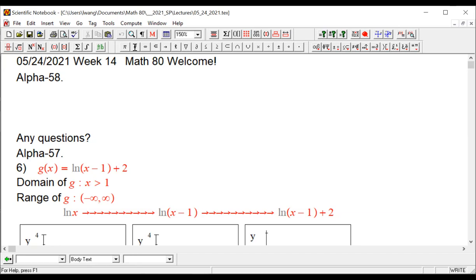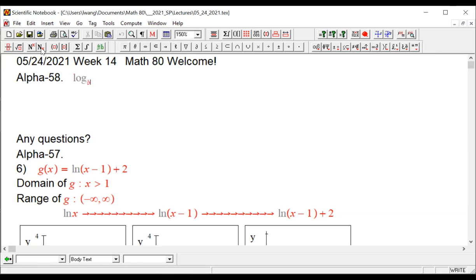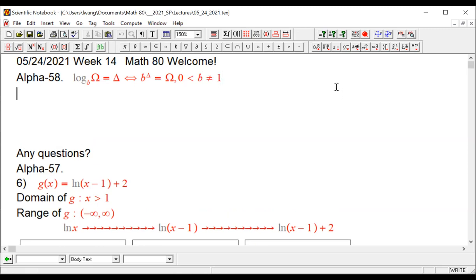We understand the definition goes like this: if we have log base b of omega equals triangle, if and only if the base raised to the power of triangle is equal to omega. And of course, we require that b is larger than 0 and not equal to 1. So this is the basic requirement.